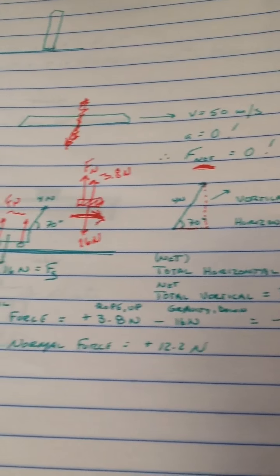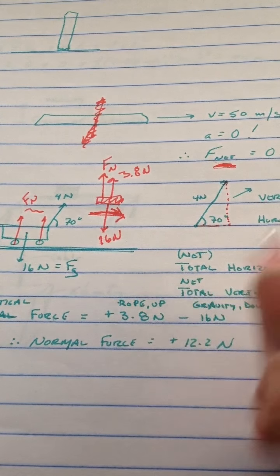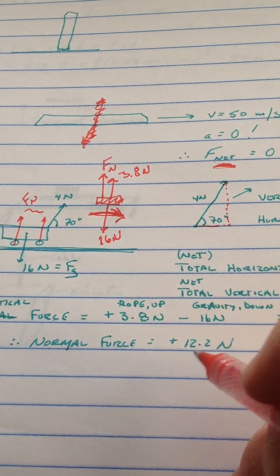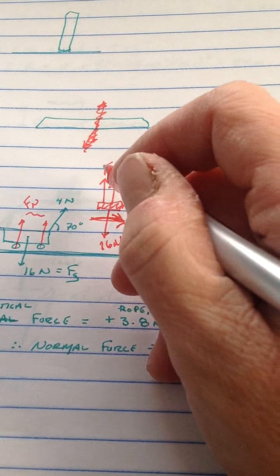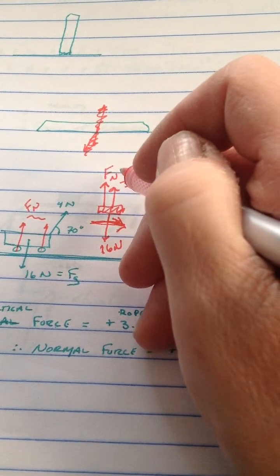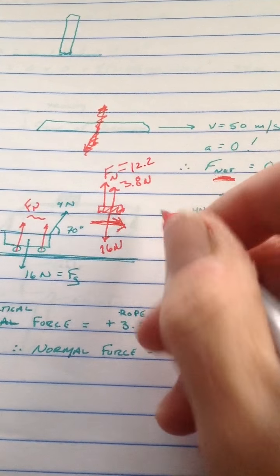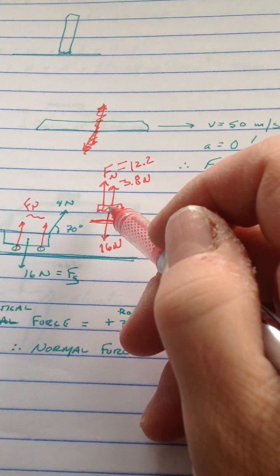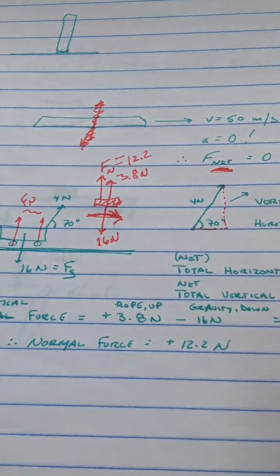Sorry, I misspoke there. The vertical force has to be 12.2 newtons here, which is the normal force, plus 3.8 newtons, both of these up directed, to balance out the force of gravity downward on the wagon.